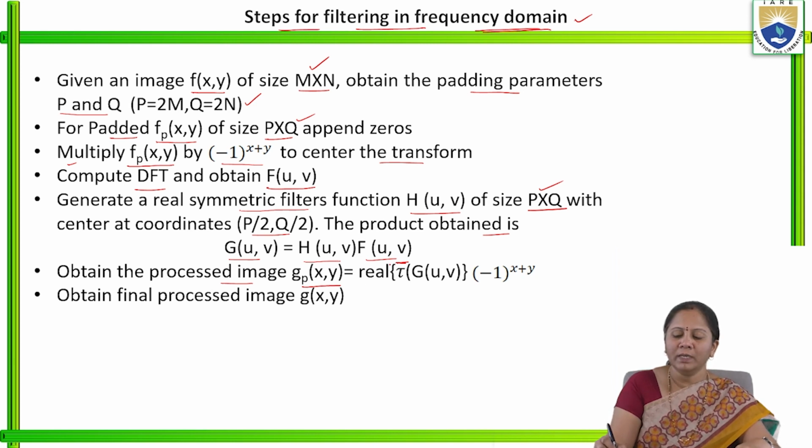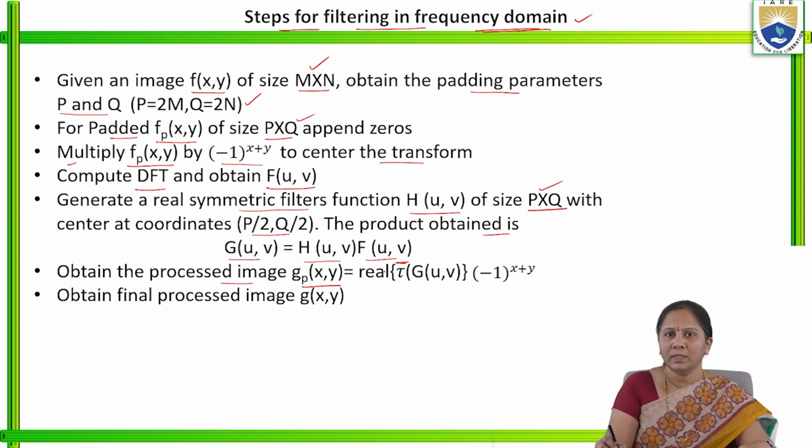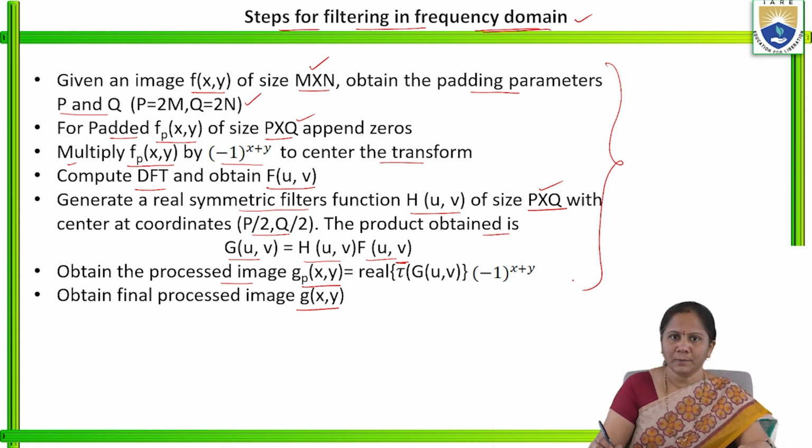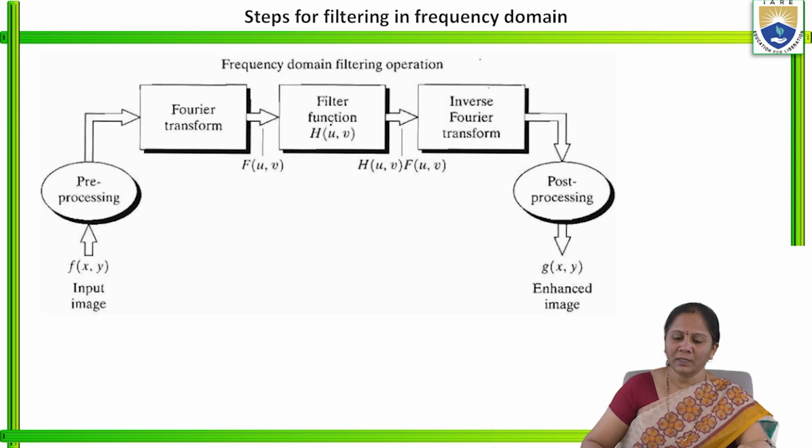From this, only the real values are selected, whereas the imaginary values are discarded. We obtain the final output image, that is, after IDFT, the image we get is considered as g of x comma y. In order to clearly understand all these steps, it is possible with the help of this block diagram.